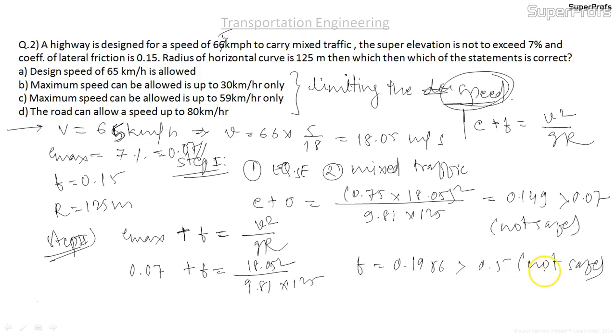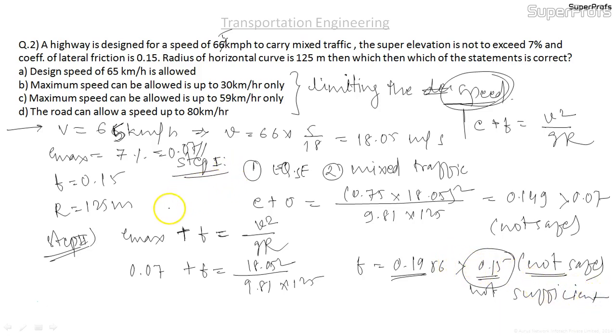Instead of saying not safe, I'll say it is not sufficient. So 0.15 is the friction coefficient available, but the required is 0.19, so the friction coefficient is not sufficient.